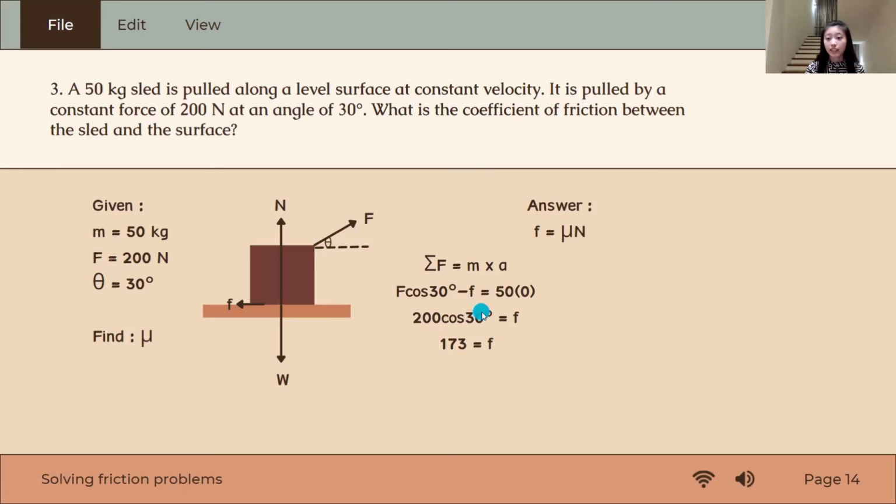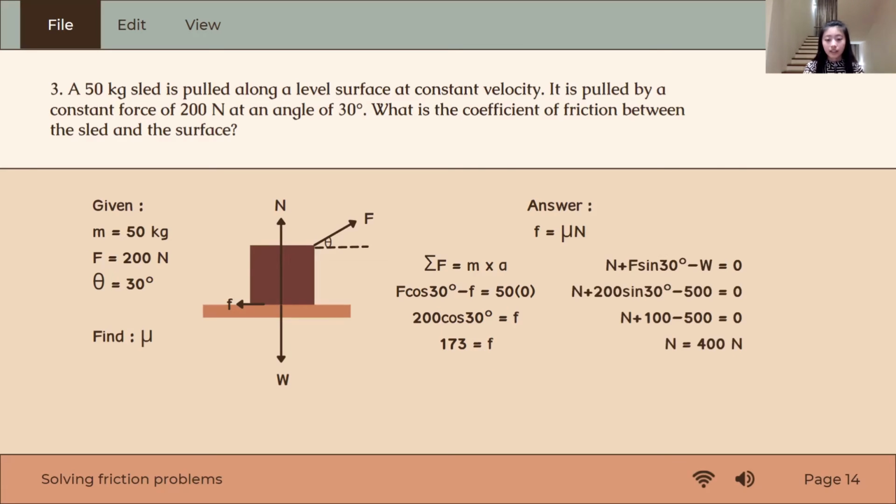So F is 200. 200 cos 30 degrees, and we transpose the F to the right because 50 times 0 is 0. So 200 cos 30 degrees equals 173, and that is our frictional force.